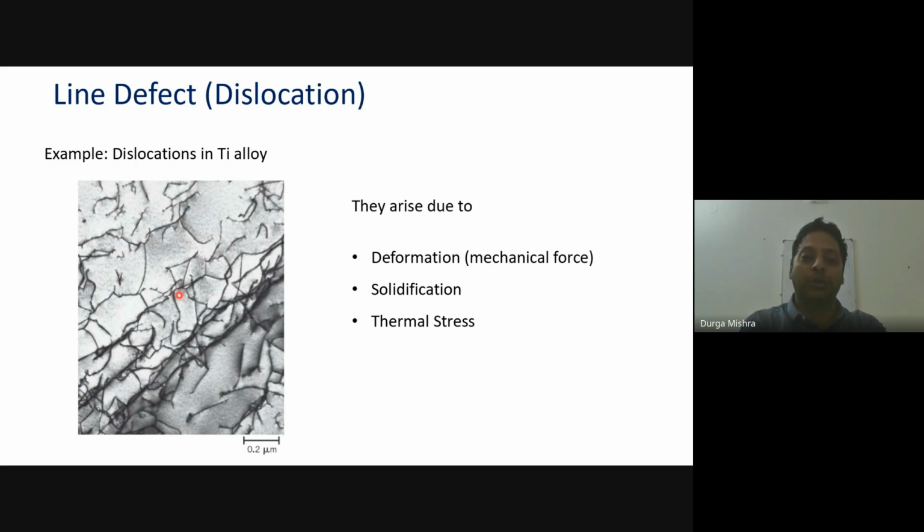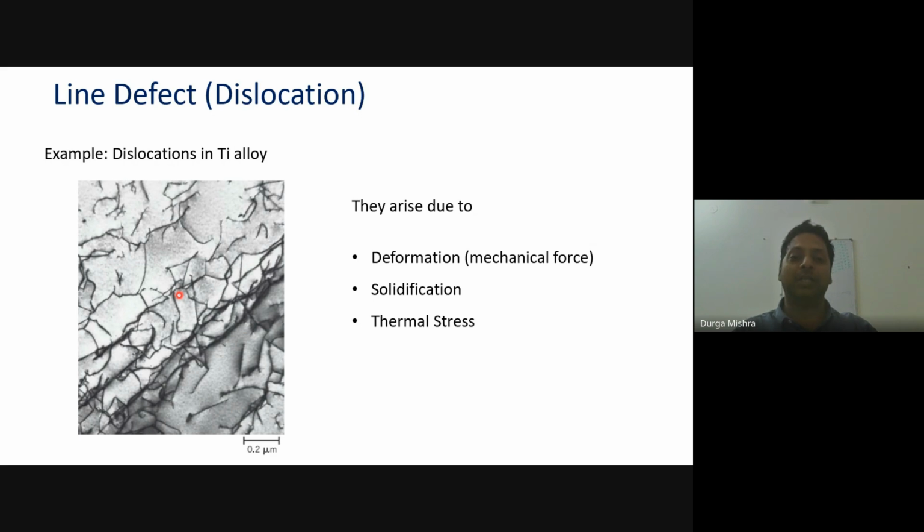Sometimes it also happens due to thermal stress. Thermal stress means a material is operating in a high temperature condition, where it experiences a lot of heat, for example in aerospace, or in machines which are working continuously for several hours, so a lot of temperature will be generated.